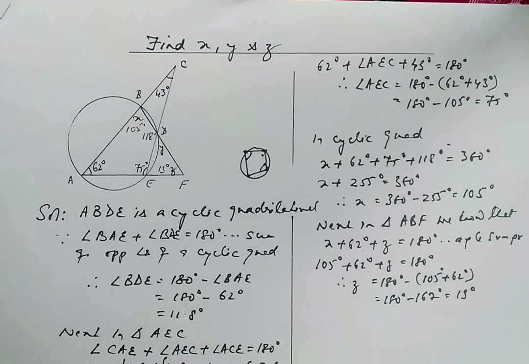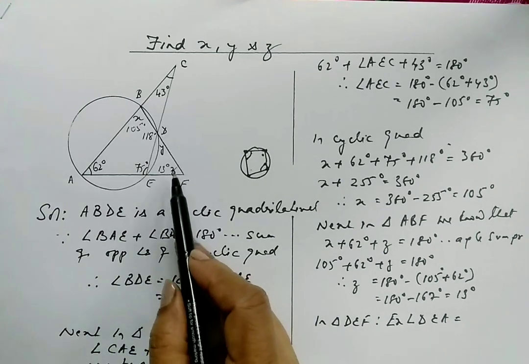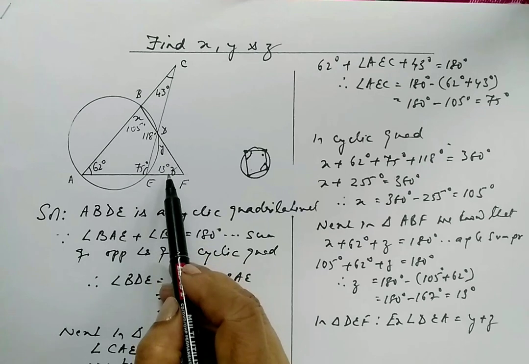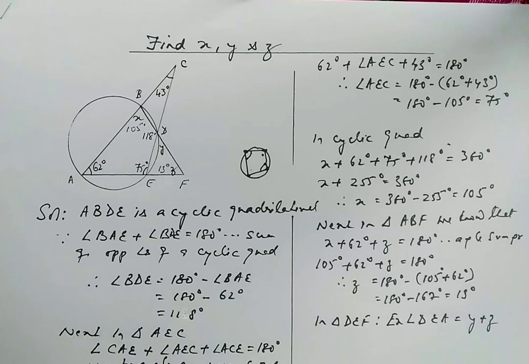Now we'll write, in triangle DEF, I can write this exterior angle DEA is equal to the sum of Y and Z, isn't it? Because these two are the interior opposite angles of this exterior angle.